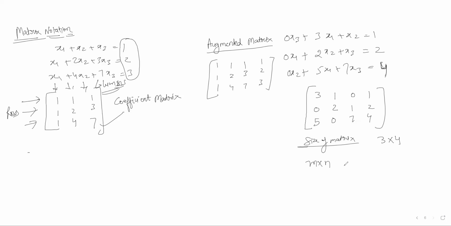M and N will always be positive integers. There can't be negative rows, and it cannot be a fraction. M and N are positive integers, right?